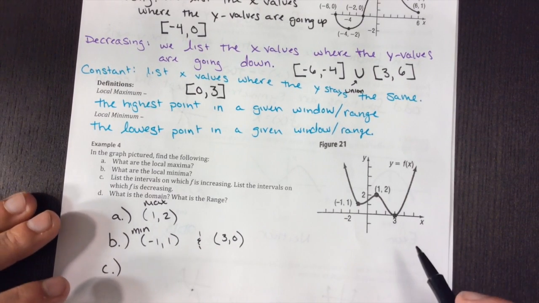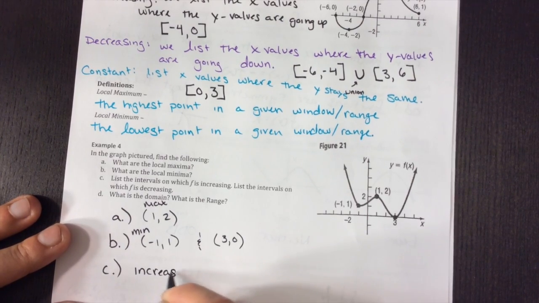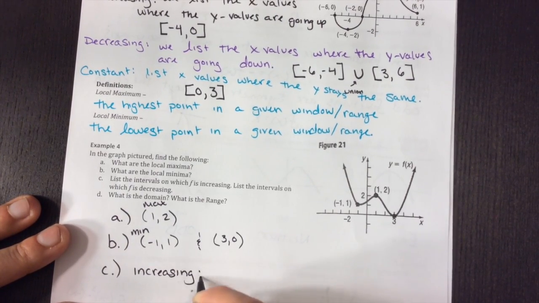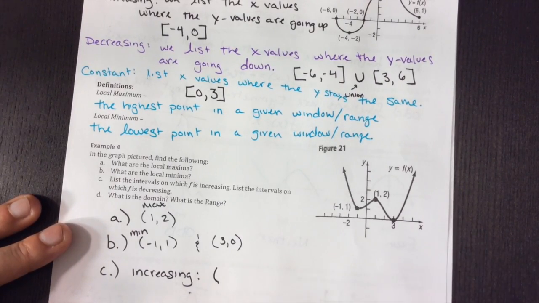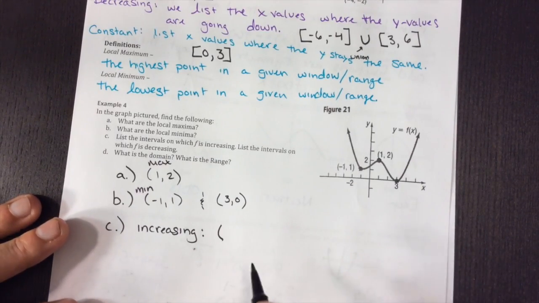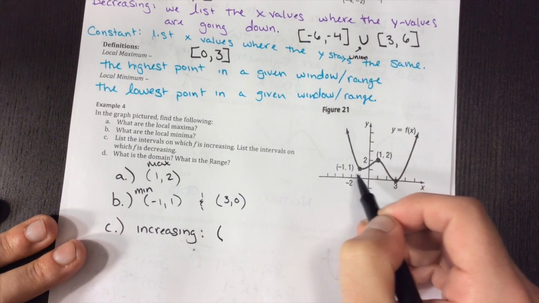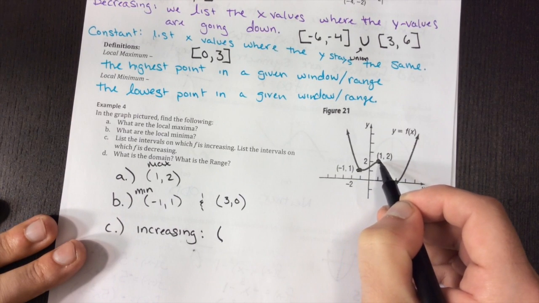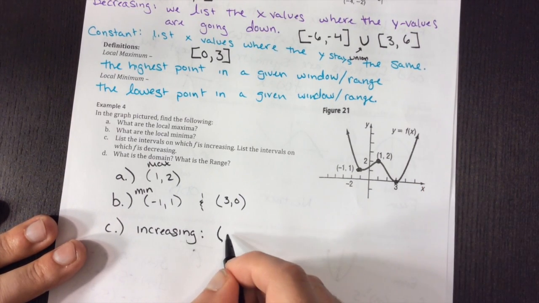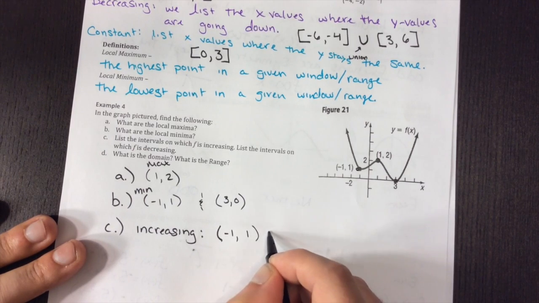So increasing, where are we going up? For this, we're going to be using parentheses. So from -1 all the way up to 1, we are increasing.